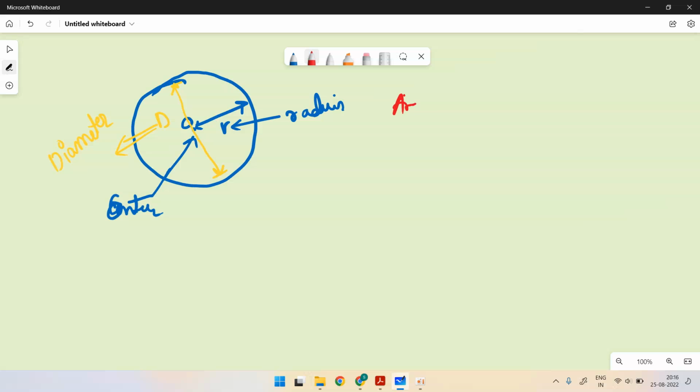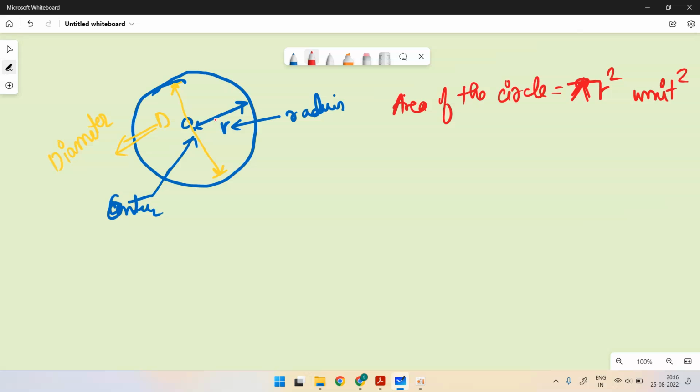So the area of the circle, you know, is pi r square unit square, where the radius is r units.